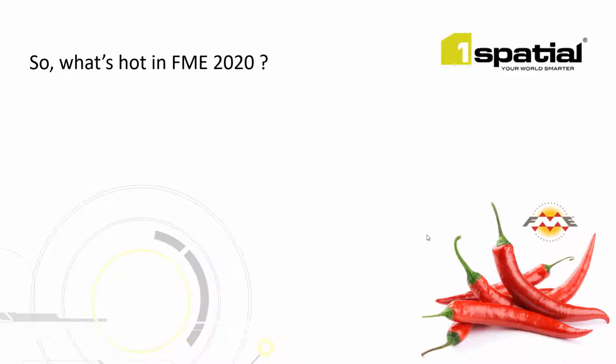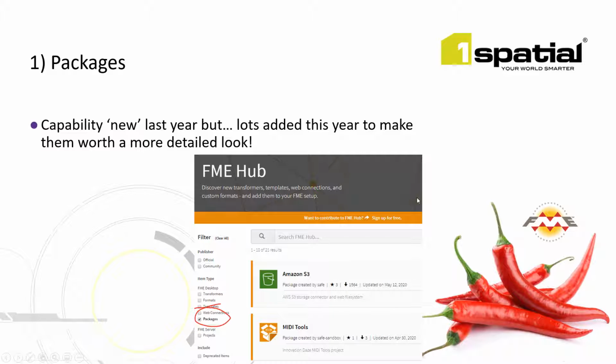Let's have a look at the 5 hot features then. So there's a few that we're going to focus on in here. The first one is packages. Now, some of you I know that have signed up today did attend the World Tour event, and we talked about packages in a bit of detail, but there's some elements of it that we didn't cover, and that's what I want to make sure we highlight now. Packages were available as of last year, so they're not new.